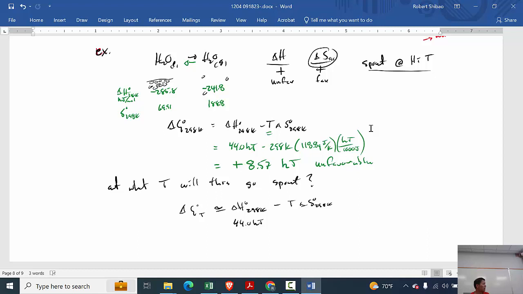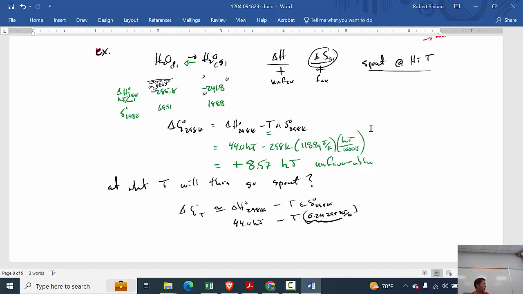We need to cancel out this whole term here, the T times the delta S at 298 Kelvin, which is 0.24298, as I recall, kilojoules per Kelvin. We have to cancel that out by increasing this entropy term here.